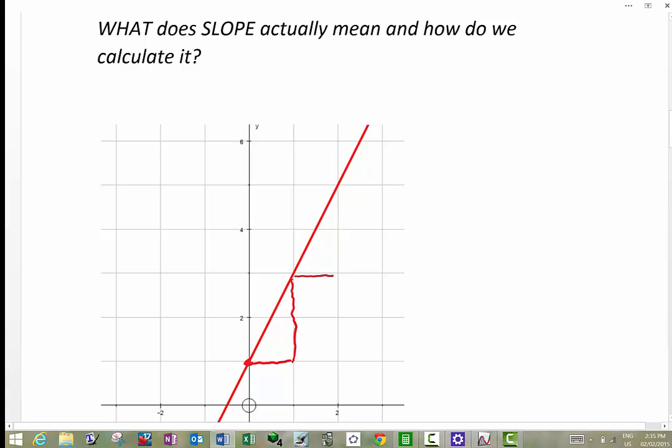Equally, if we go 2 units across, it goes 4 units up. The line is rising twice as fast as it's going across, so the slope here is indeed 2.